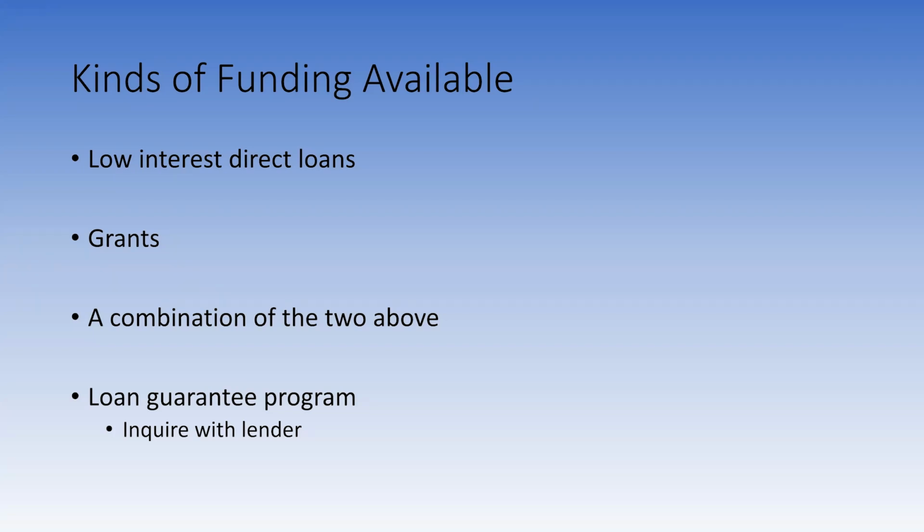That will mean the least cost for you over time on the project. The loans provided in this program are what are called direct loans. What that means is the funding agency, the USDA in this case, is providing you, the entity applying for the funding, the money directly without any involvement of a third party. So these are direct loans from the USDA to you, the eligible applicant.